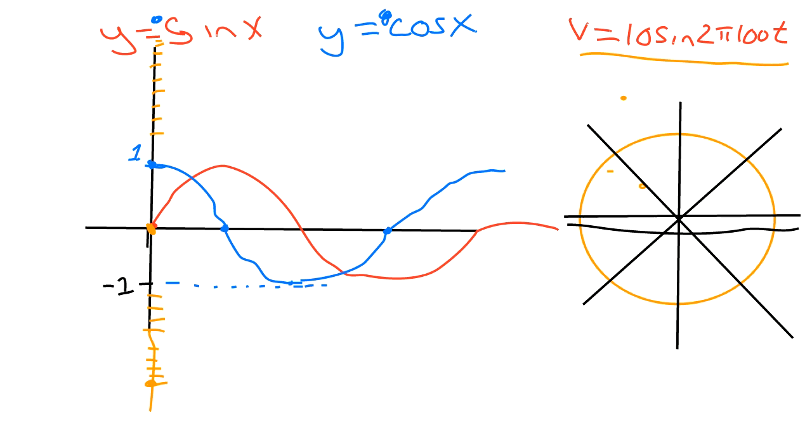So we start off at 0. If we start off at 0, that's equivalent to, gosh, that doesn't look like a good 0. You get the idea. That's equivalent to 0 degrees.